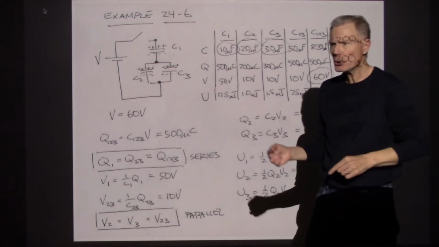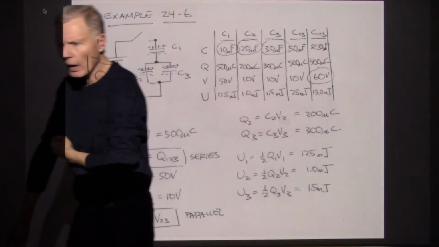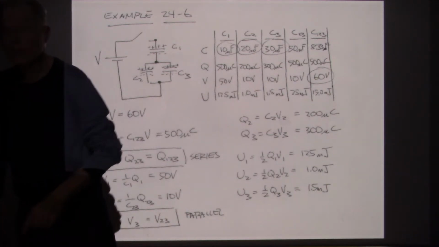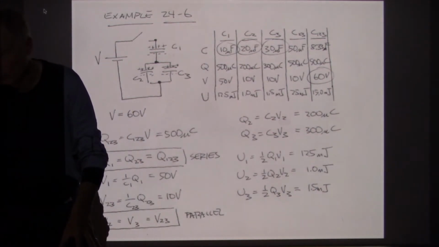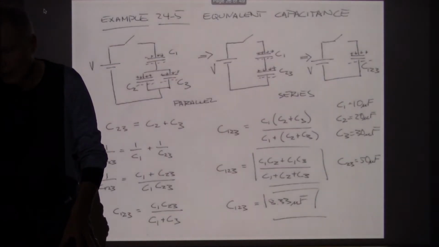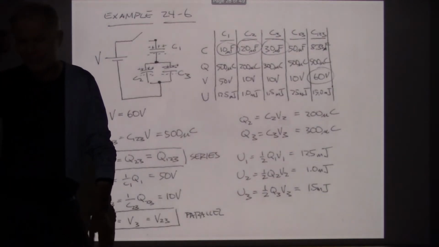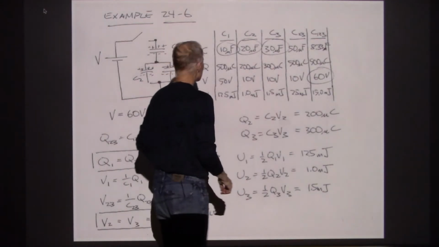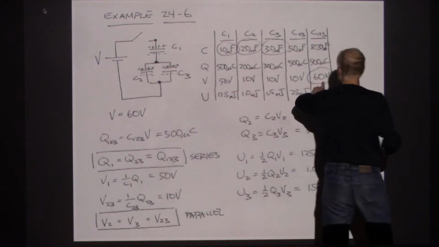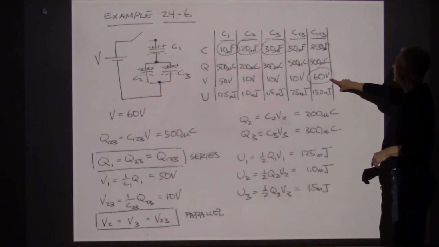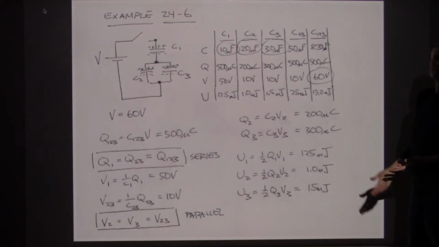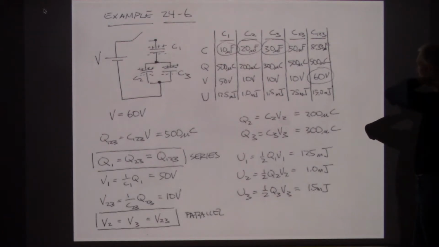So these are numbers that we calculated along the way. The only new item that I've added to this example is to introduce a voltage. So I decided to put in 60 volts. I don't know why. So 60 actually is divisible by a lot of numbers, so putting 60 in a lot of times could simplify some of the calculations that we have to go with.